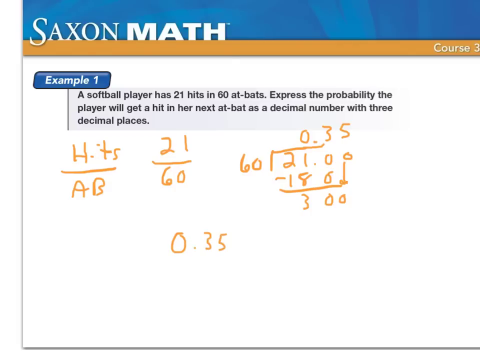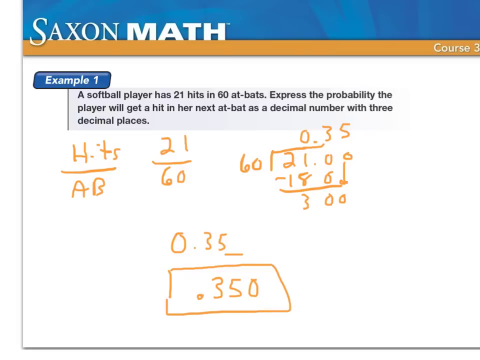Now, we want to express that as a decimal number with 3 decimal places. The reason for that is because when you do batting averages in baseball, they always express it as a number with 3 decimal places. So instead of 0.35, we need another decimal place on the end. So we're going to say it's 0.350.